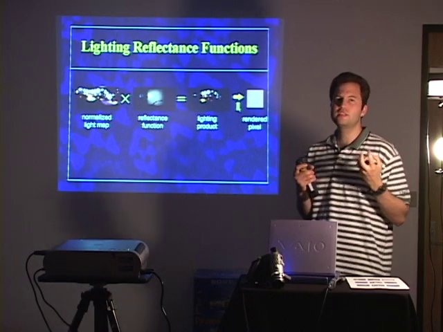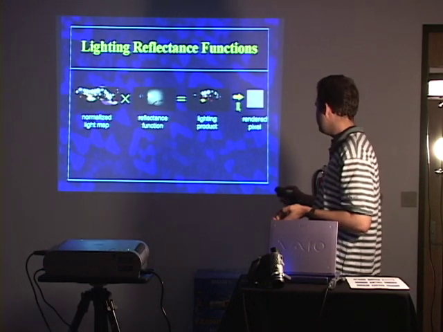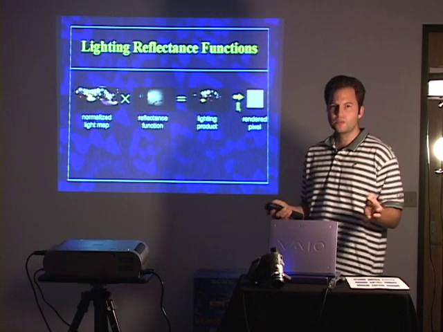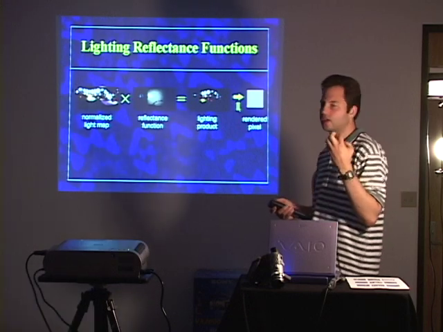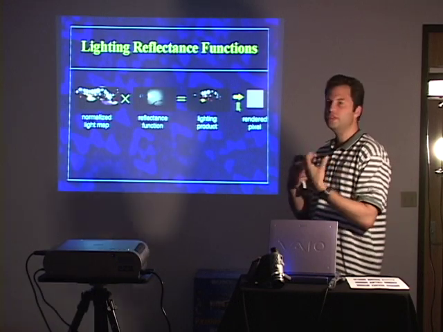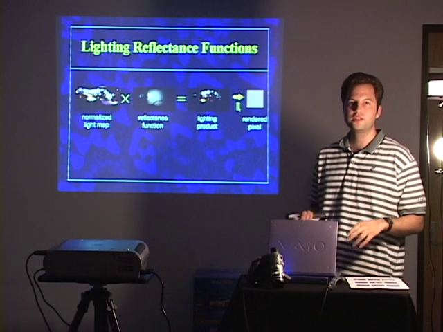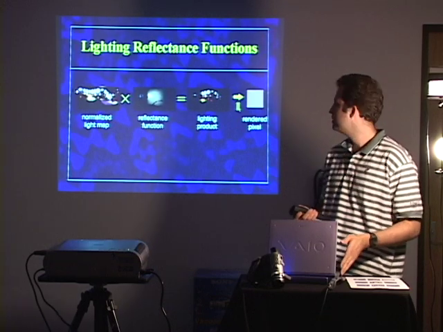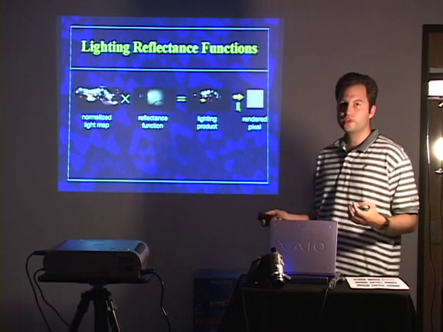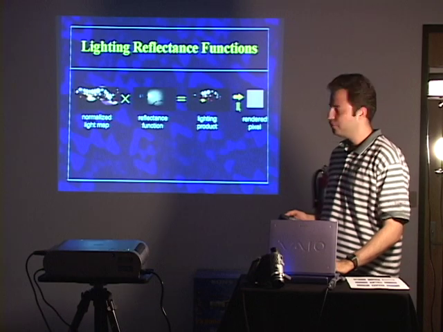Now, just reorganizing the computation like this doesn't actually save us anything, except for the fact that you can notice that these reflectance functions are usually relatively boring functions. There's not a terrible amount of exciting stuff going on in them, which means that if you put them into frequency space, for example, by projecting them onto the discrete cosine basis, you will end up with a representation of this reflectance function that can be perhaps only 10% of the coefficients as you had before.